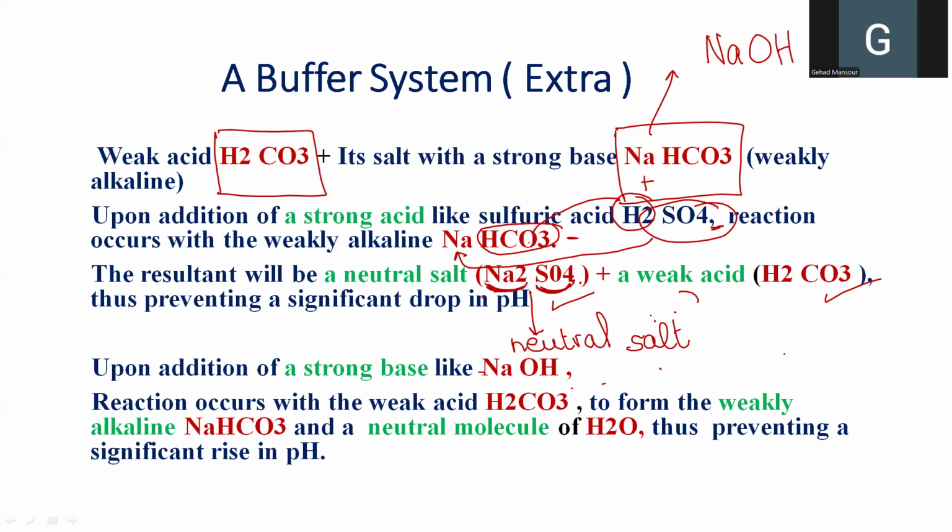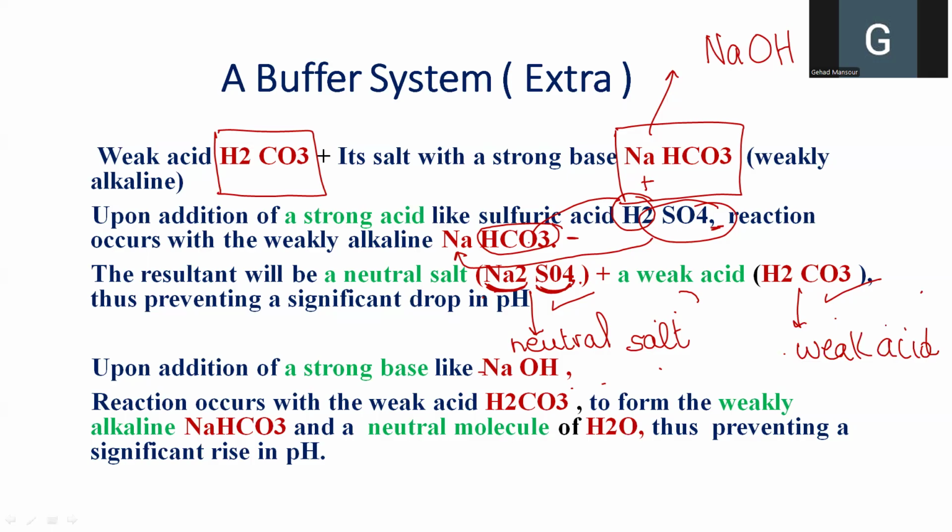When an acid reacts with a base, we obtain a neutral salt, and that's why we call the reaction a neutralization reaction. But if the acid and the alkali are not of equal strengths, then the salt will be either weakly acidic or weakly alkaline. And we also obtain carbonic acid, which is a weak acid.